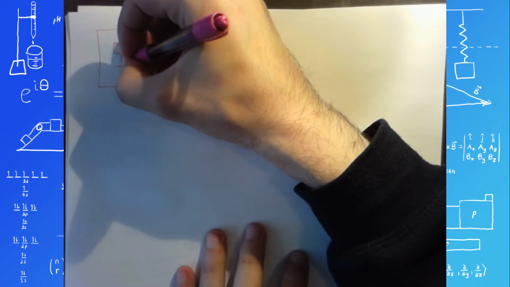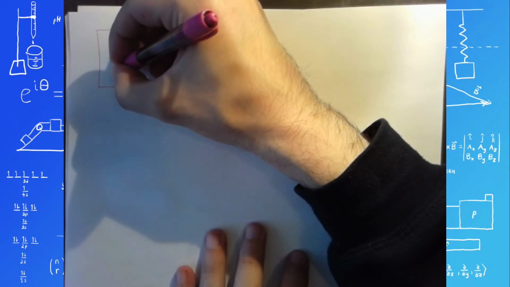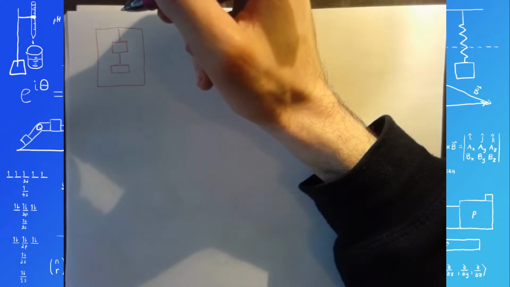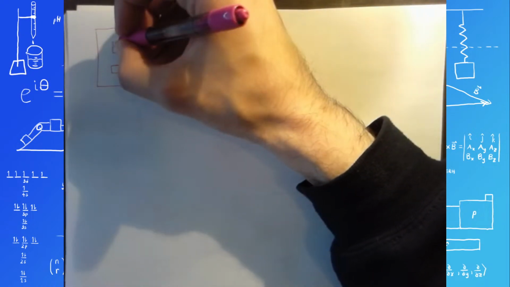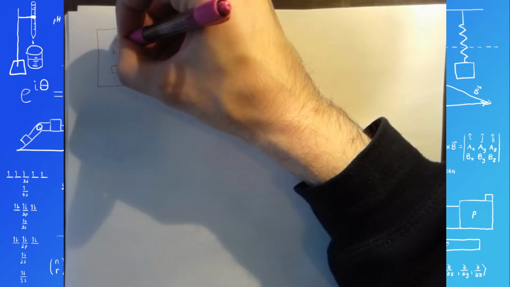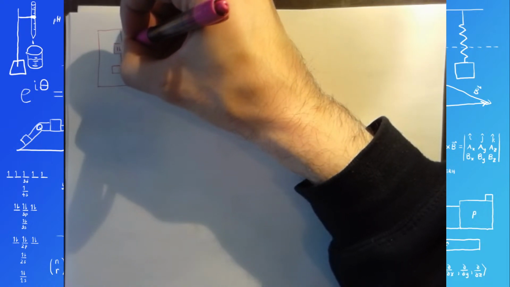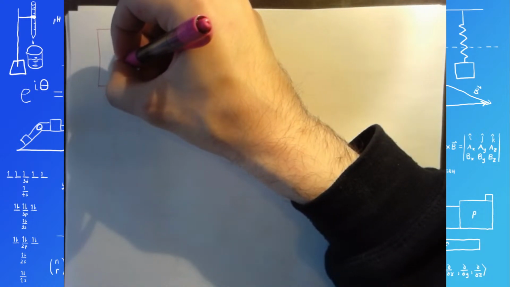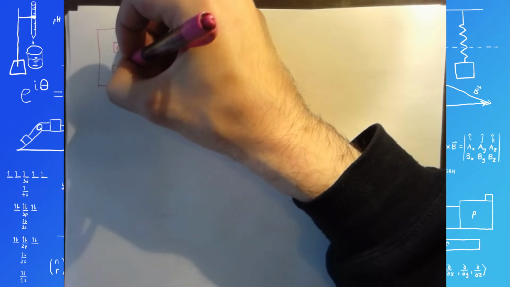Let's say we've got these two objects over here connected by ropes, and it says in my book that they're both 10 kilograms, but I'm going to modify the problem and say that this object is 10 kilograms while this one is 15 kilograms.